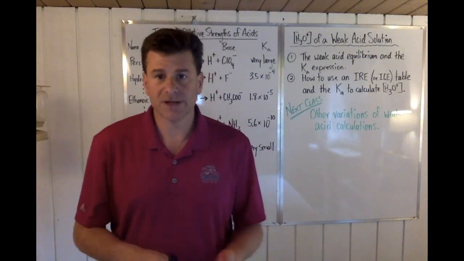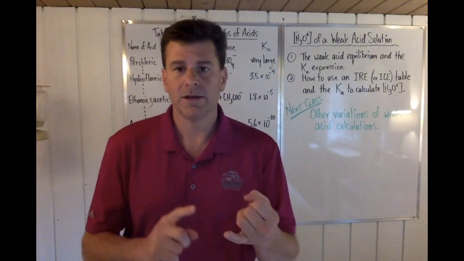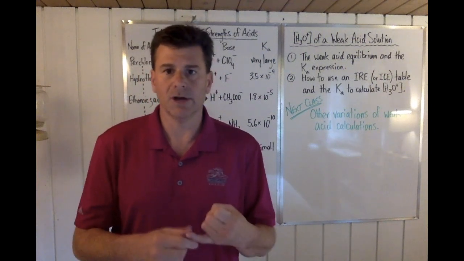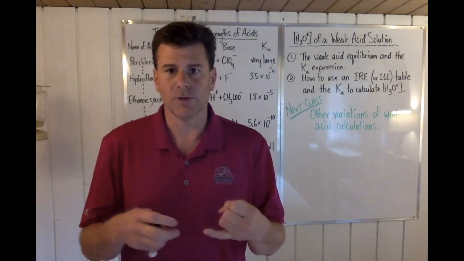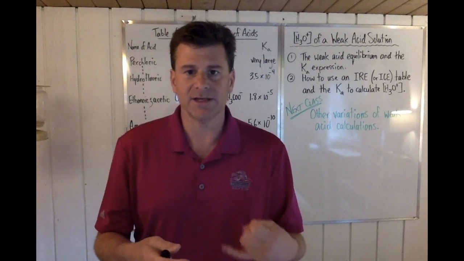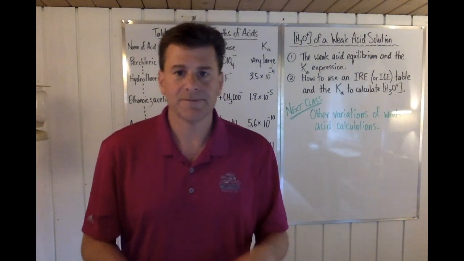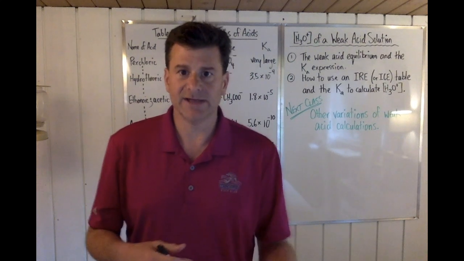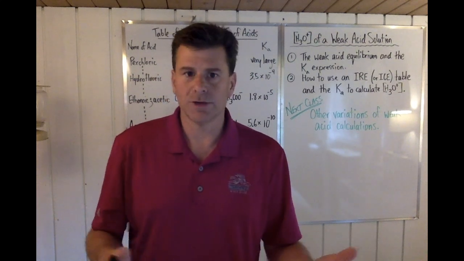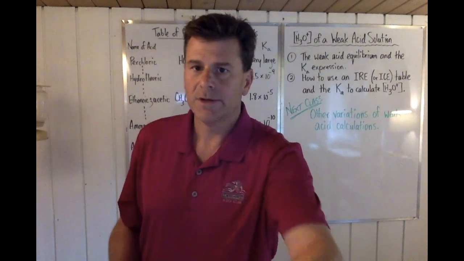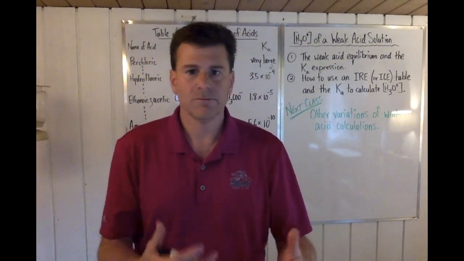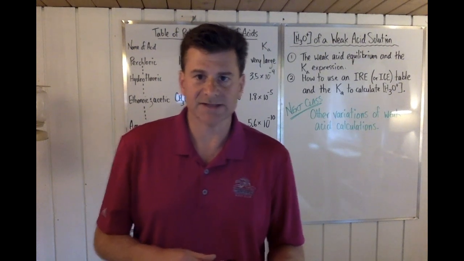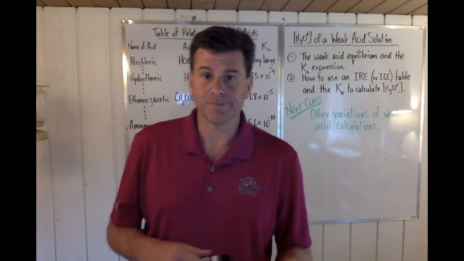There are two things that we're doing today. Number one, I'm going to show you a weak acid equilibrium and what a K expression for that weak acid equilibrium looks like. And then also introduce you to the Ka table, which if you're doing Chemistry 12, you will have some way of looking up the Ka values for the different weak acids that you're going to be using.